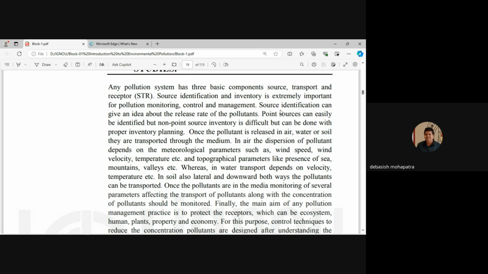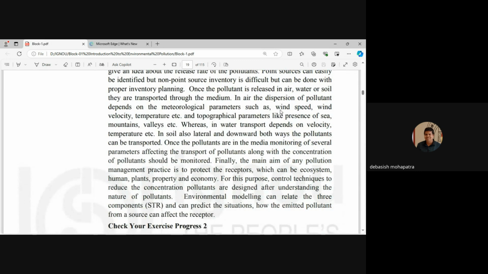Once the pollutants are in the medium, several parameters affect their transport. So once the pollution is released, there are many factors which will affect how that pollutant will be distributed in the atmosphere.